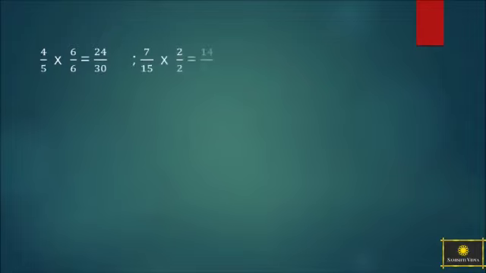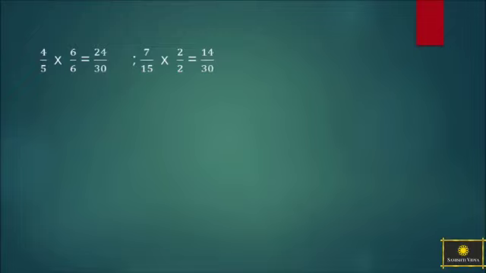So, we need to multiply 5 by 6 to get 30. When we multiply the denominator by a certain number, we need to multiply the numerator also by the same number. So 4 6s are 24, 5 6s are 30. The equivalent fraction for 4 by 5 is 24 divided by 30. Same way, we need to convert 7 by 15 with the denominator 30.